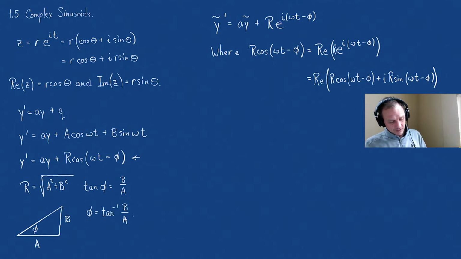We solved this. So we said, okay, our particular solution is going to be of this form, Y e^(i omega t). And then what we found out is what Y was. Let's write it this way.